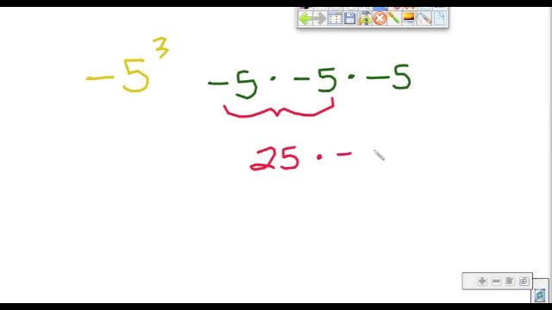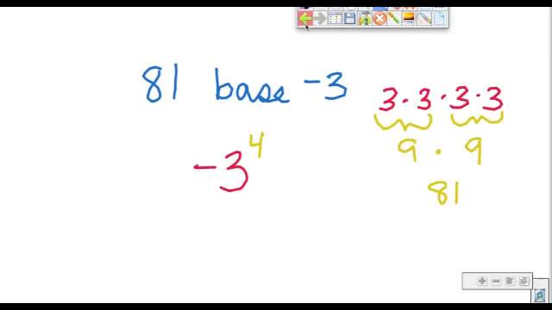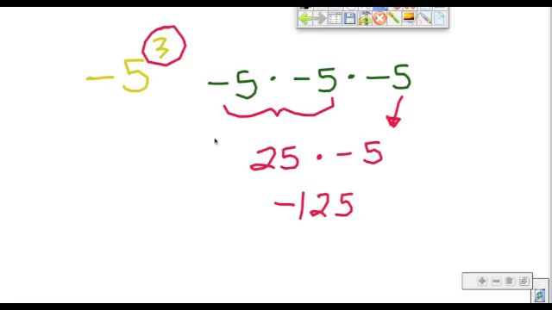Bring down your other negative 5. Just dropping this guy down. 25 times 5 is going to give me 125. And a positive and negative is a negative. Also, reminder, I had an odd exponent here. That's where that trick works. In the earlier one, they gave us the base, so we had to use the negative. In this one, we needed to find the answer for the powers. That's a little different.